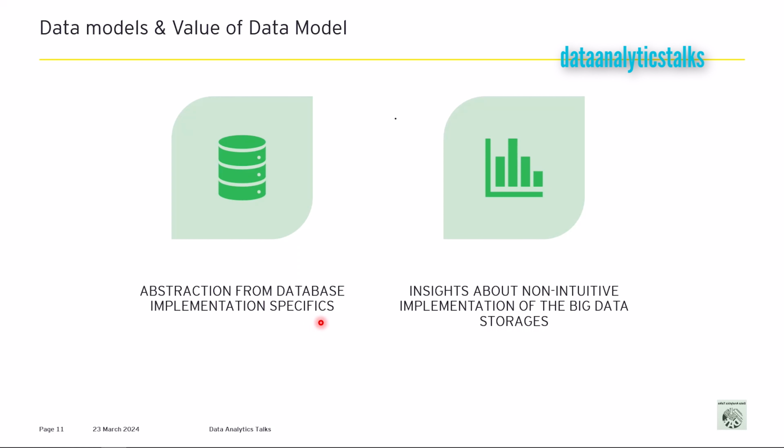In the conceptual model, we get abstraction from the database implementation specifics because we don't care about which database we are going to implement the system in. It's just giving you abstraction. Again, another value is insight about non-intuitive implementation of the big data storage. So that's another value of having a data model before the build out.